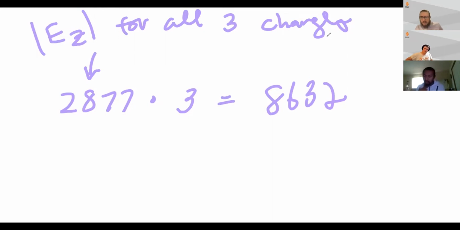Does that make sense? Yeah. Okay. So it turns out that the z component is the same for all of them because they're the same distance from that point.